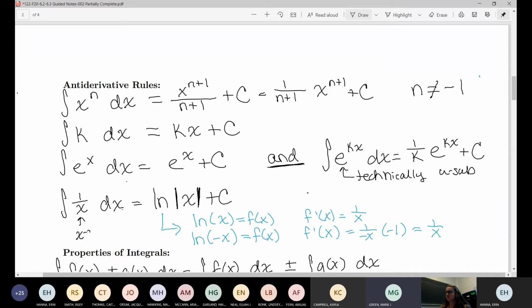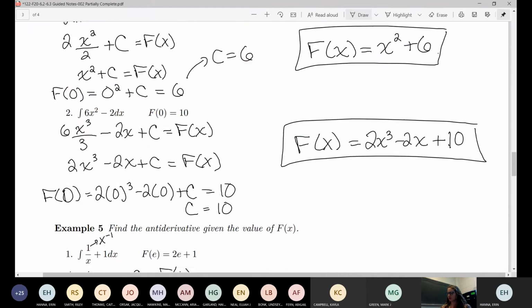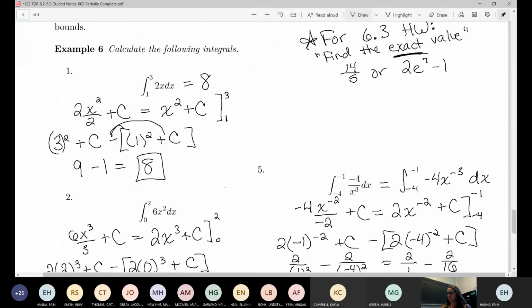So the only antiderivative rules we have are these. We need to make it look like one of these. It doesn't look like 1 over x by itself, so it can't be that one. It doesn't have an e in it, so it can't be that one. It's not just a constant, so it can't be that one. So I have to be able to put it into some kind of x to the n situation. That's why I changed it to a negative exponent, because otherwise I don't know how to take its antiderivative.